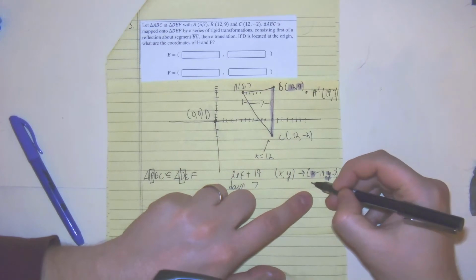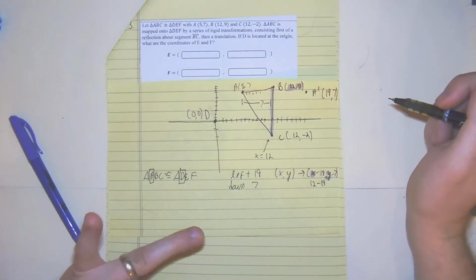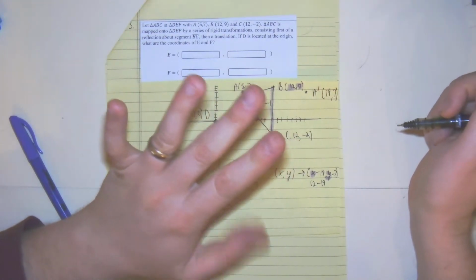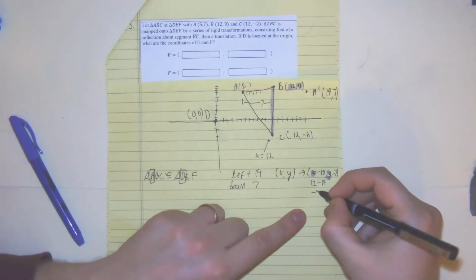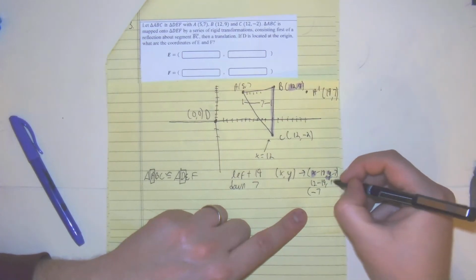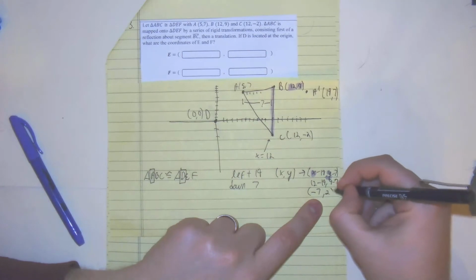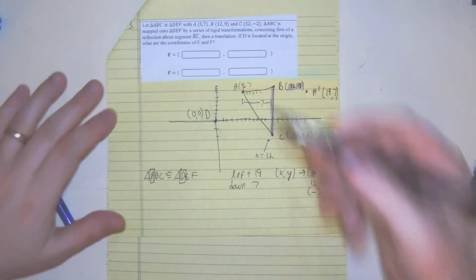So we have 12 minus 19. It's going to be negative. You can just count up 13, 14, 15, 16, 17, 18, 19. It's going to be a negative 7 because the negative's bigger. And then the y is 9 minus 7, which would give us 2. So our new point would be about the point negative 7, 2.